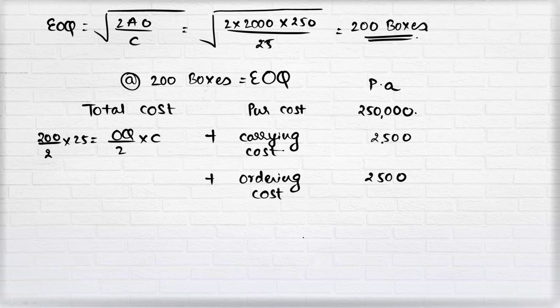Yes or no? Why? At EOQ, ordering cost and carrying cost will be same. It will be 2,55,000 rupees. I am even using the formula.